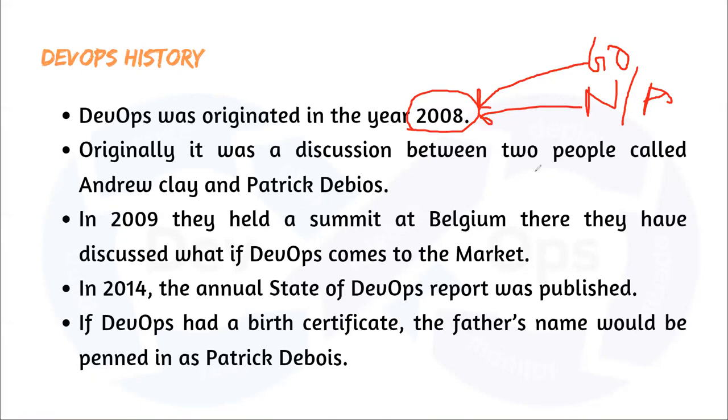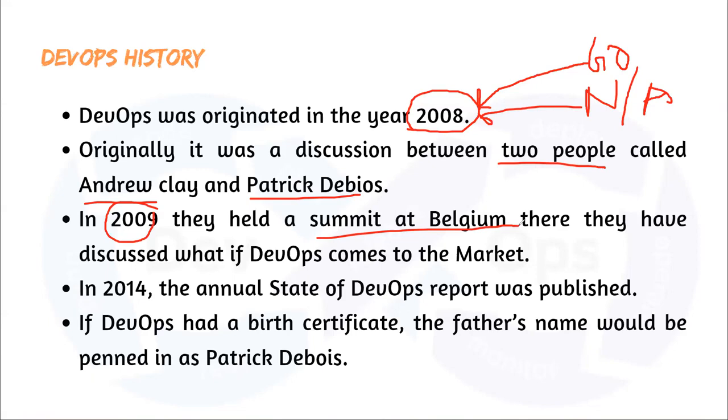Originally, it was a discussion between two people called Andrew Clay and Patrick Debois. These two are normally friends. So it started as a discussion. The development team and operation team work differently. So what would happen if both started working together? They discussed it and prepared some paperwork. Finally, in 2009, they held a summit in Belgium, and there they discussed what would happen if DevOps came into the market.